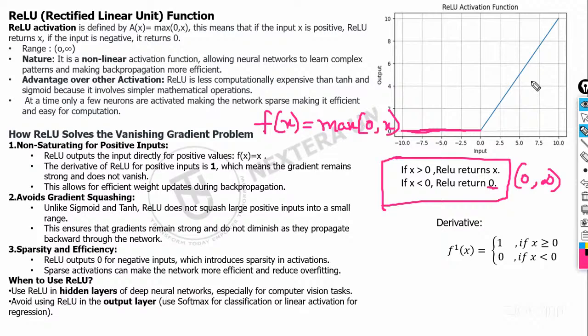So what I'm trying to say is, we have an advantage of using ReLU as an activation function in the hidden layer, because it overcomes the problem of vanishing gradient. So when you use ReLU as your activation function, your vanishing gradient problem gets overcome. So what is this vanishing gradient?